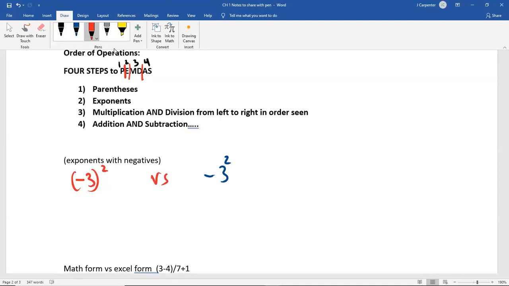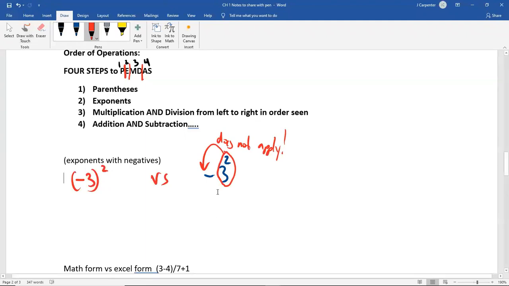But this blue version, this 2 does not apply to this negative. You are only squaring the 3, and then the negative just comes along for the ride. Because this minus counts as a subtraction ultimately, and an exponent comes before a subtraction. No, it's not actually a subtraction the way it's written, but that's what it counts as.